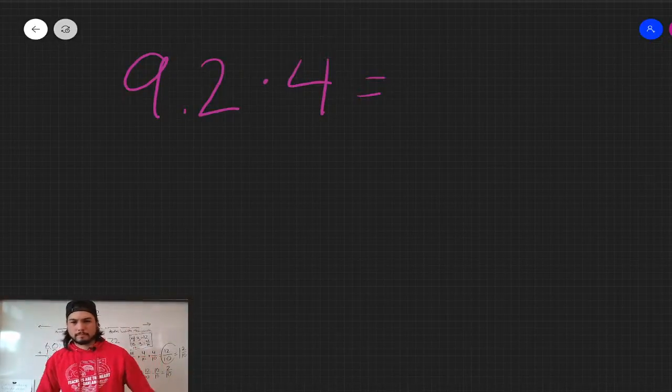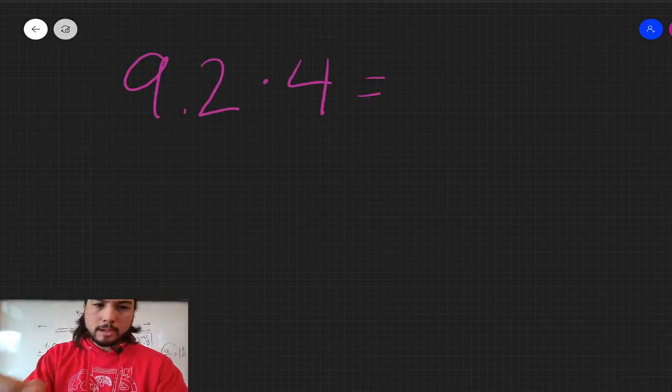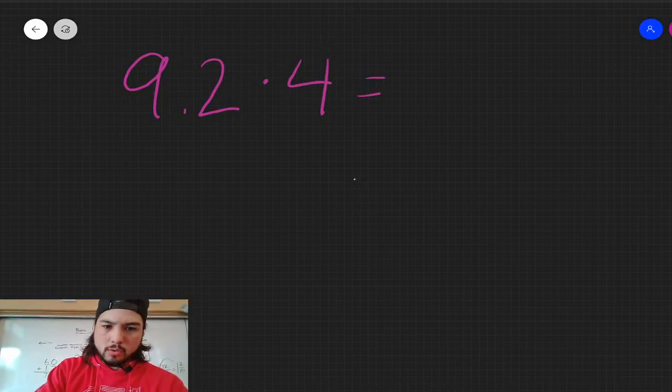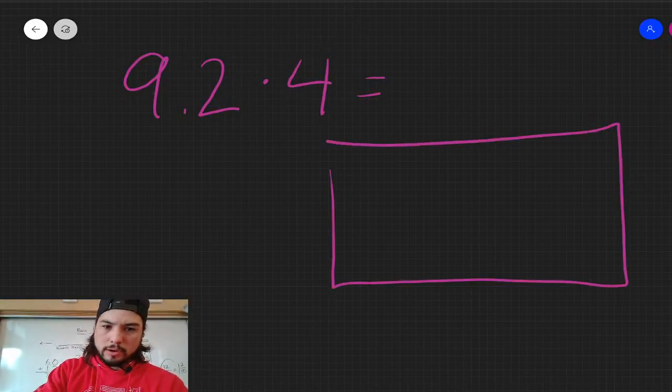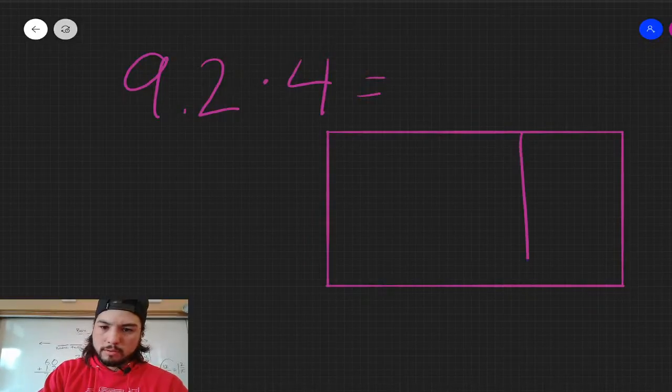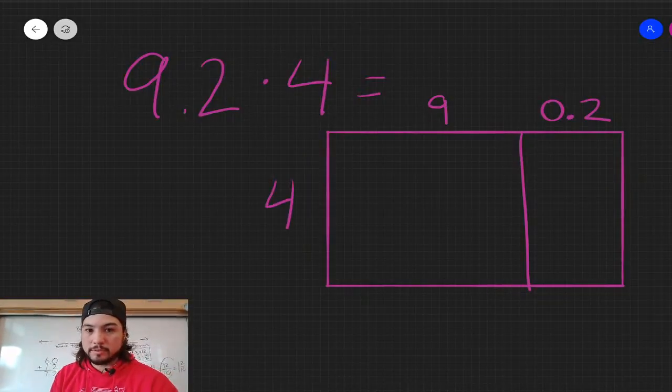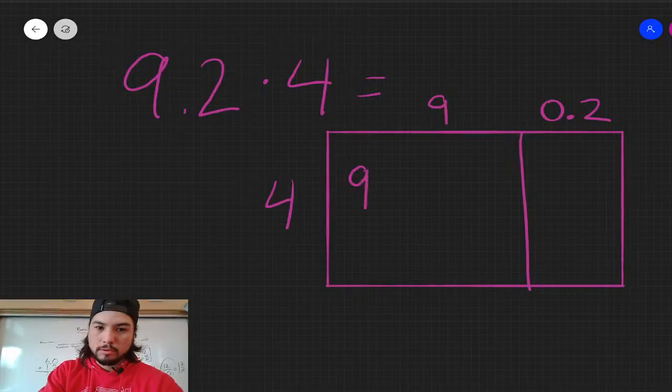Okay. So, set up your area model here. 9, 2/10. And we're going to multiply both parts times 4. 9 times 4.